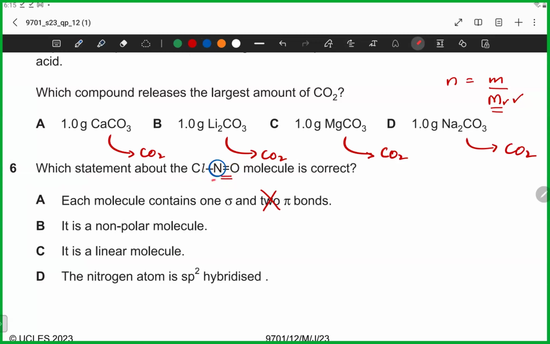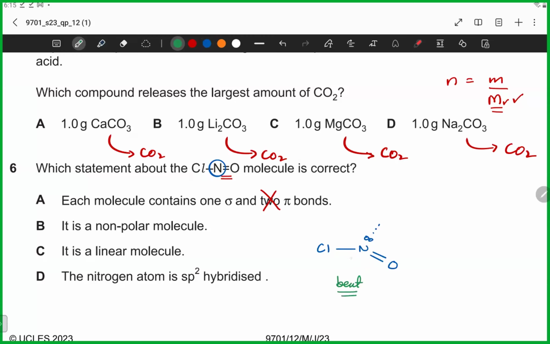It will have, N is in group 5, so in group 5 it's only making 3 bonds, right? Is it clear that there will be lone pairs? Yes, sir. Okay? So that means it's got 3 pairs of electrons. It's got a double bond, and it's got a single bond, and it's got lone pairs. So it's basically trigonal planar, but since the lone pair is not counted in the shape, it's actually bent.